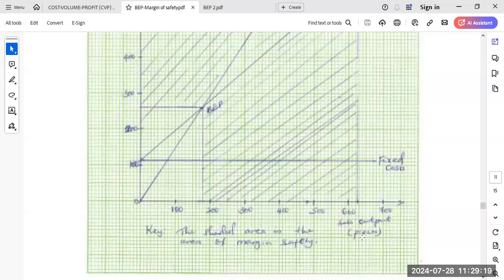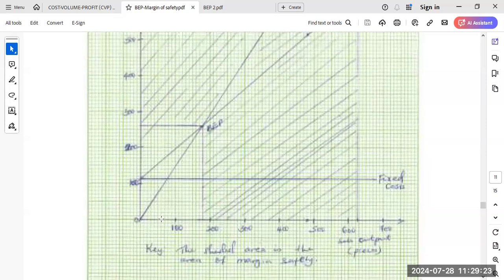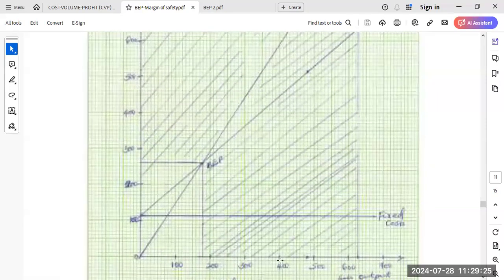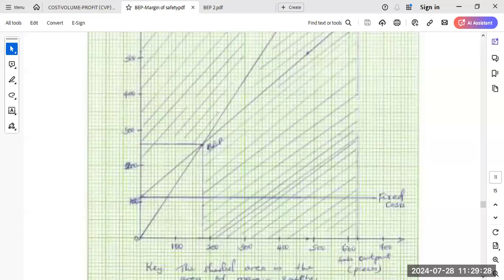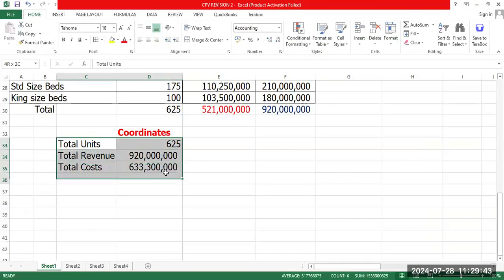What do you do first? Once you come up with a scale and draw the vertical axis and horizontal axis, the first thing you need to do is to deal with the budgeted coordinates. These are our budgeted coordinates. You need to first know the standing point, your units.